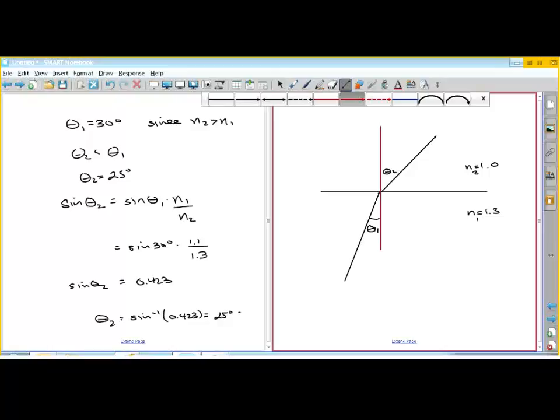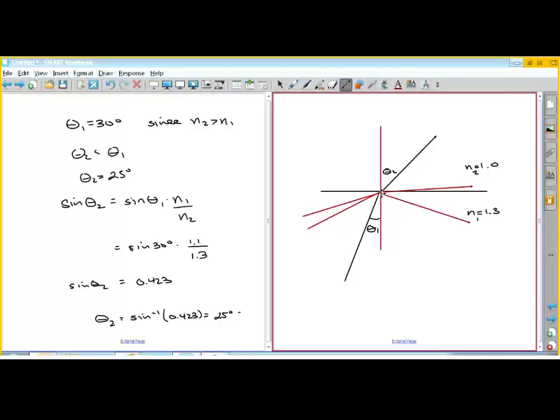So let's say we do this, and then it bends away, so it'll go like that, and there'll be some angle here where it can't bend out, and it'll actually just bend inwards like that. It'll reflect inwards. Let me erase those lines so they don't confuse us. Okay, that's all we have to say about that, I think.